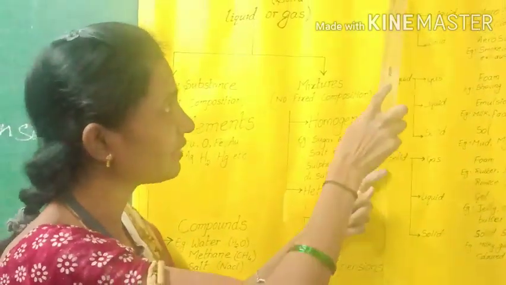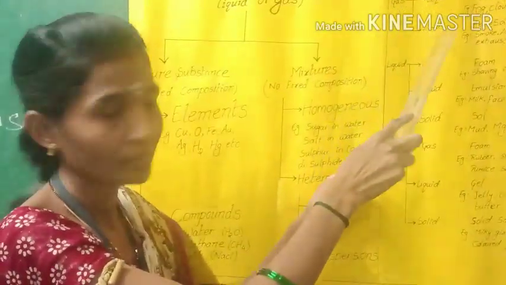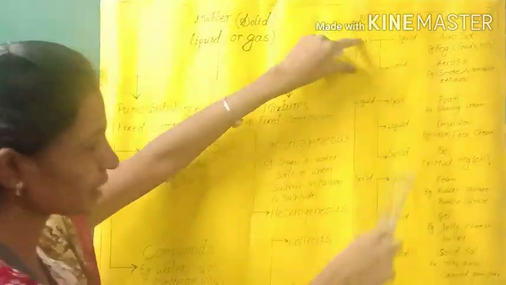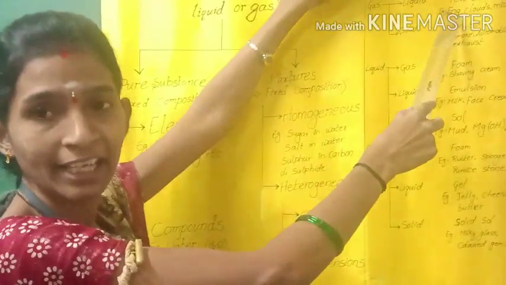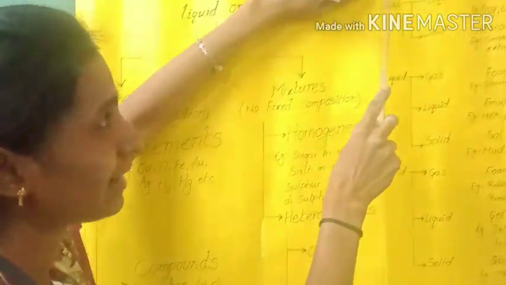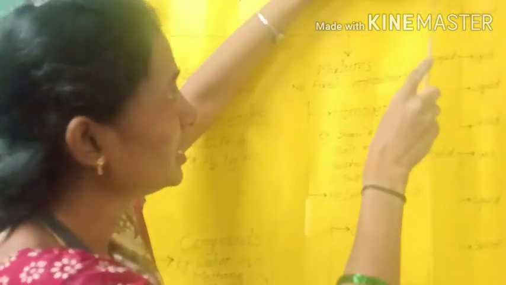We have different combinations here, dispersion medium and dispersion phase, with some examples. What do we call that particular colloid type? If you see DM here, I have taken the dispersion medium in short form.